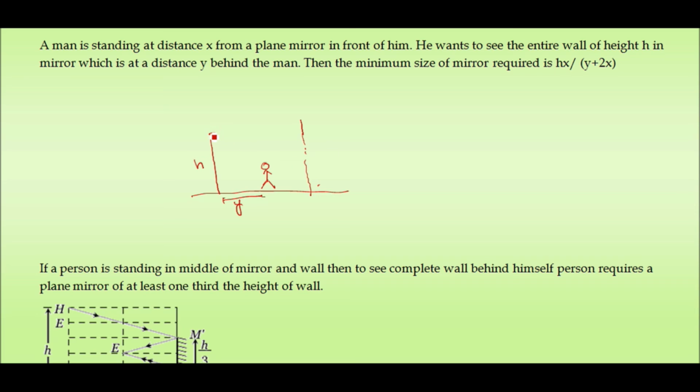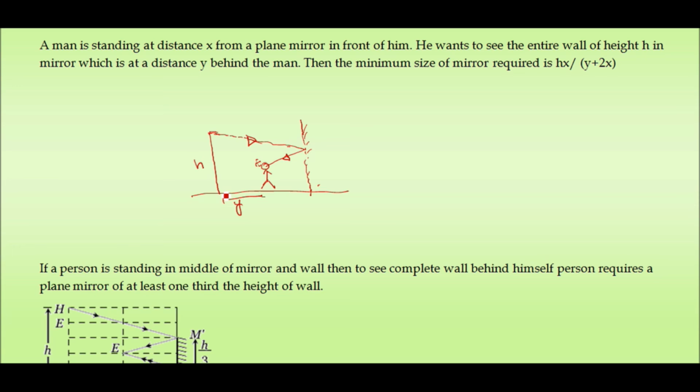So in order to see this wall of height h, first we will draw the ray diagram, and the ray diagram will be like that. So this is his eye. The light ray comes, and after reflection from the plane mirror, it hits the man's eye.